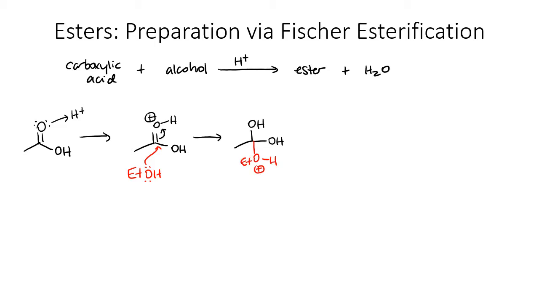Next, we're going to remove the extra H, and ethanol will act as a weak base to remove it and give the electrons back to the oxygen. Next, one of the two OH groups is going to be protonated.